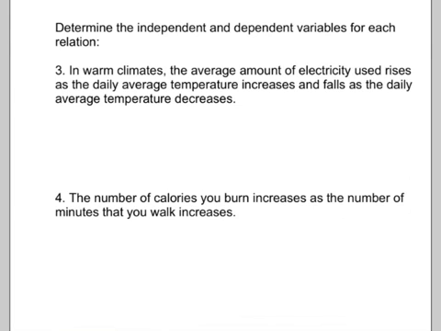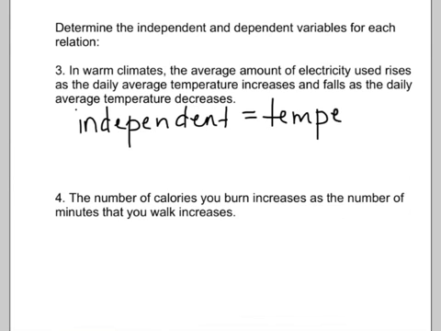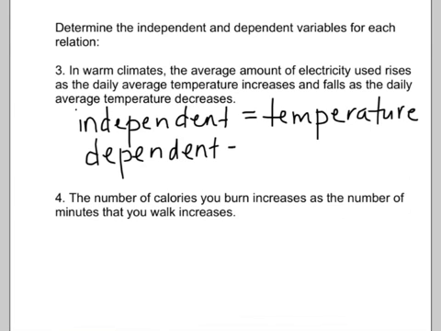So what's going to be my independent and my dependent variables? Well, my independent variable is going to be what? The temperature. Is the temperature dependent on the electricity? No. So my independent variable is the temperature. Okay? And my dependent variable is going to be my electric use, because my electric use depends on the temperature outside.